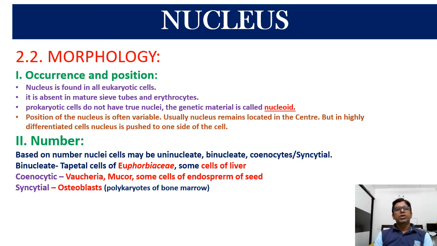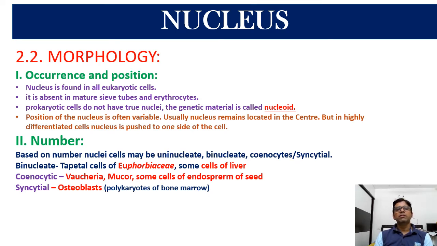Coming to the position of the nucleus, the position of the nucleus is often variable. Usually, nucleus remains located in the center of the cell, but in highly differentiated cells, nucleus is pushed to one side of the cell. Highly differentiated means matured cells.